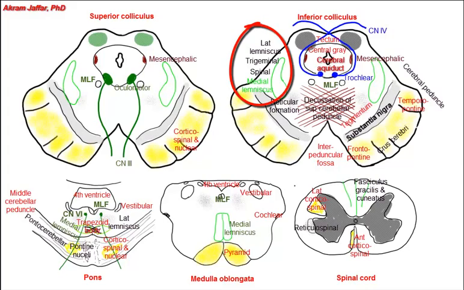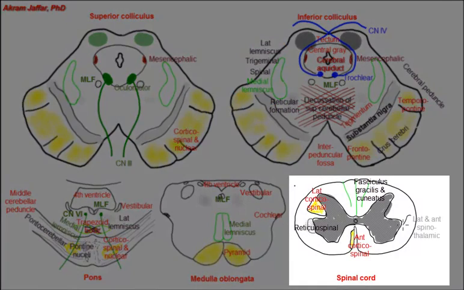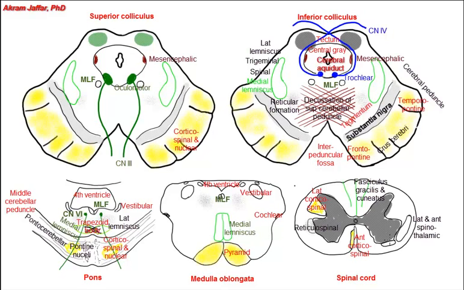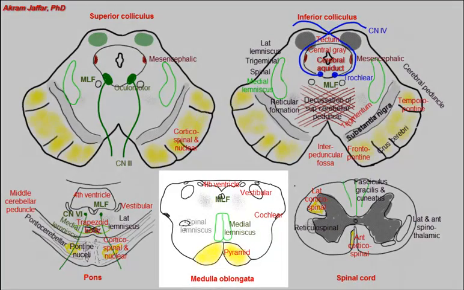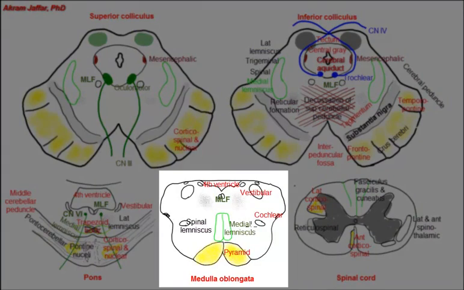the spinal lemniscus. Spinal lemniscus fibers originally are fibers of the lateral spinothalamic and anterior spinothalamic tracts in the spinal cord. These are crossed fibers that are derived from substantia gelatinosa and nucleus proprius in the posterior horn of the spinal cord, and they form the spinal lemniscus in the medulla, and then they come close together to the fibers of the medial lemniscus.